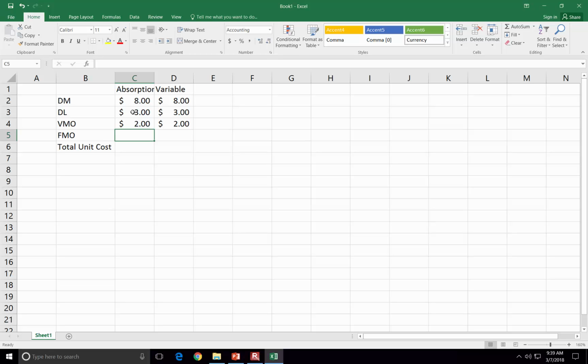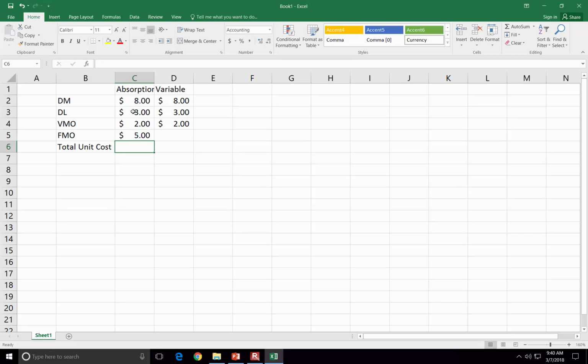Under absorption, our fixed manufacturing overhead will be part of our product costs, and it tells us that they had $50,000 in fixed manufacturing overhead costs. So I'm going to say this equals $50,000 divided by the number of cases produced, which in this case was 10,000.